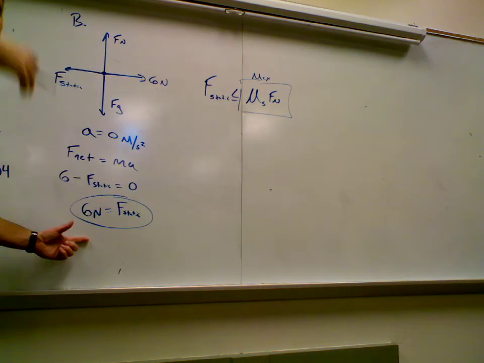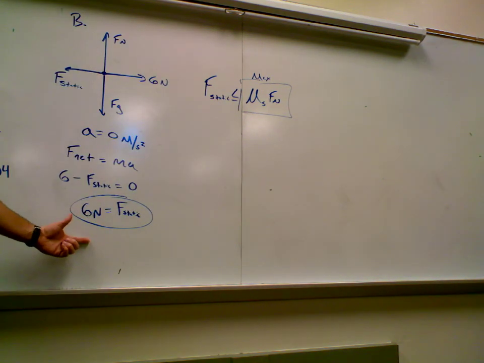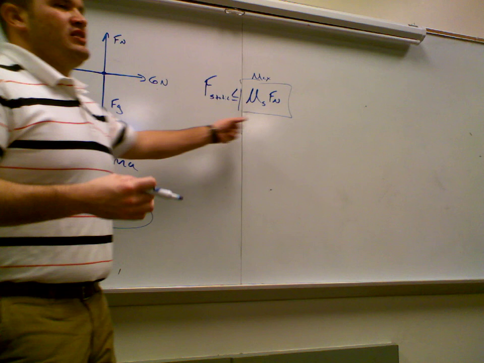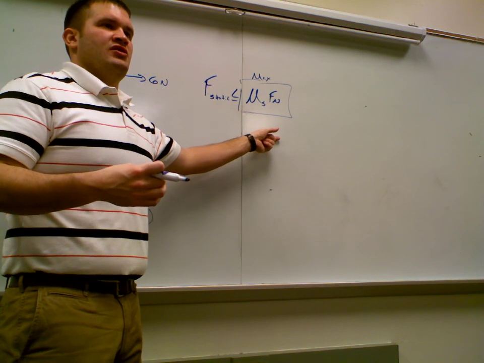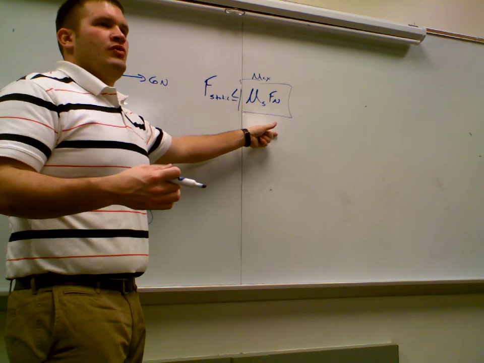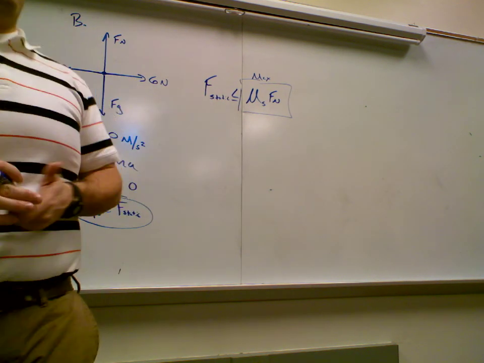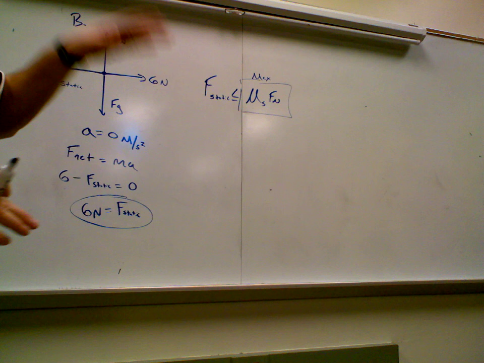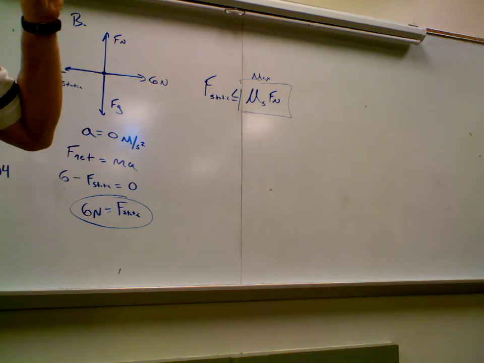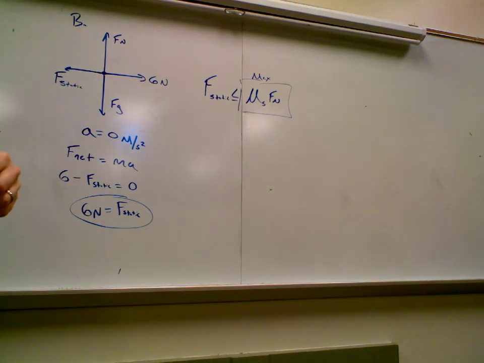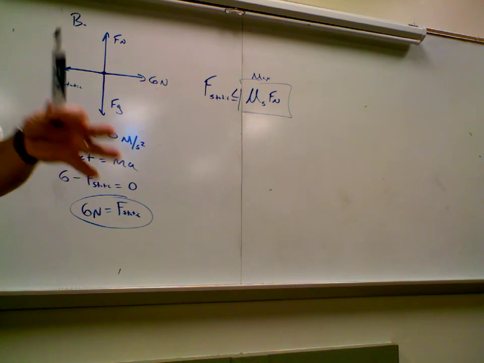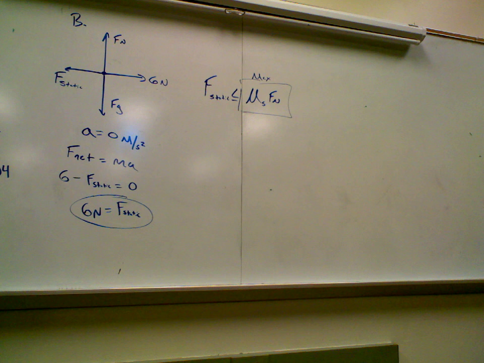This 6 newtons is just what it is right at this moment. We don't know what the maximum value is yet. I know that 6 will be less than this. So by solving for mu s, I can find a coefficient that's less than our mu s, but I can't find the exact value. In order to find the exact value for mu s, you have to look at just the moment right before the block starts to slide. Any questions?